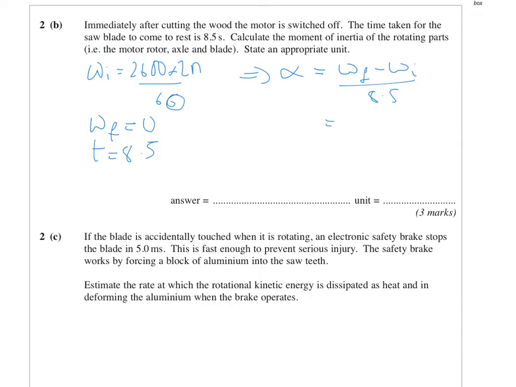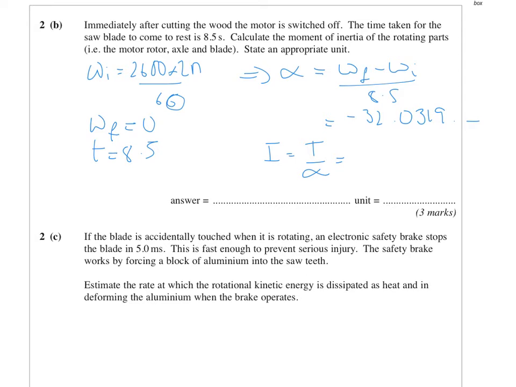So let's calculate what that is. 0 minus 2600 times 2 times pi divided by 60, divided by 8.5 gives you minus 32.0319. And then you know inertia is the torque divided by the angular acceleration.